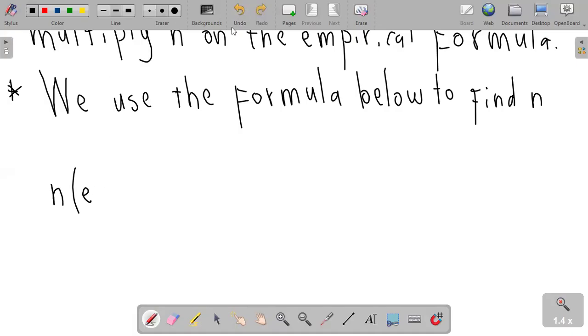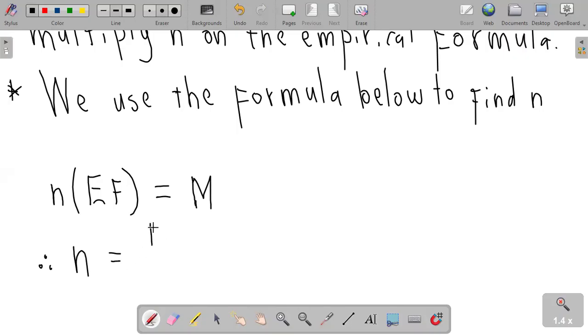EF, which is the empirical formula, and then we say equals to m, the molecular mass or the molar mass. So in order to find n, we can divide here.